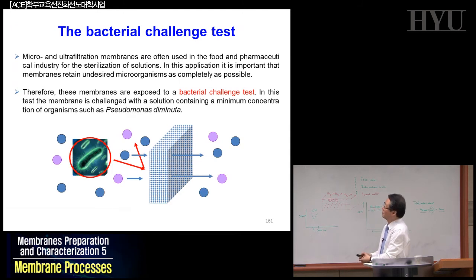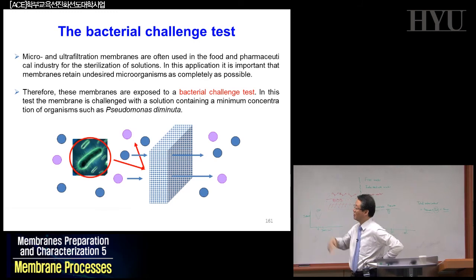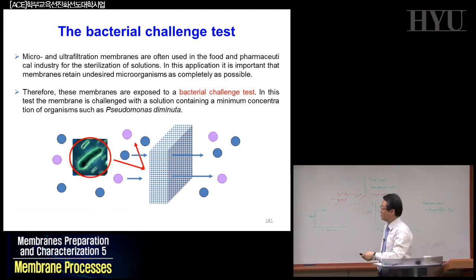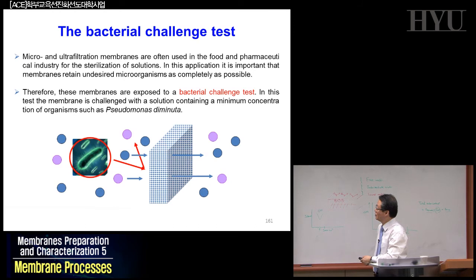The next topic that we can talk about is the bacterial challenge test. Usually, the bacterial challenge test is done on many membranes using specific microorganisms such as Pseudomonas diminuta, which is one of the bacteria. The bacteria are intentionally supplied along with the feed, so that they can attack the polymer.